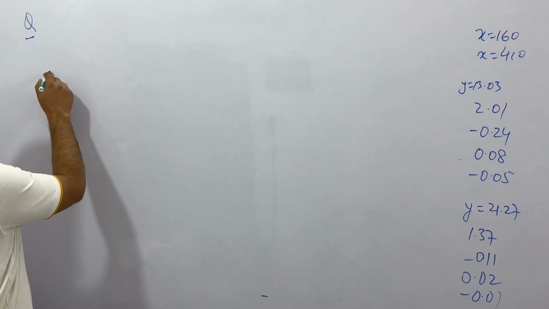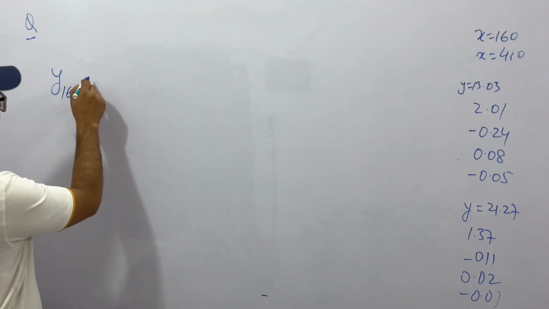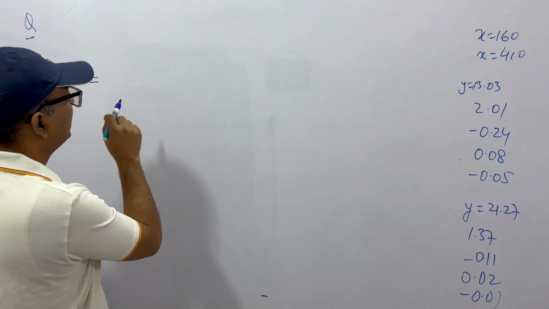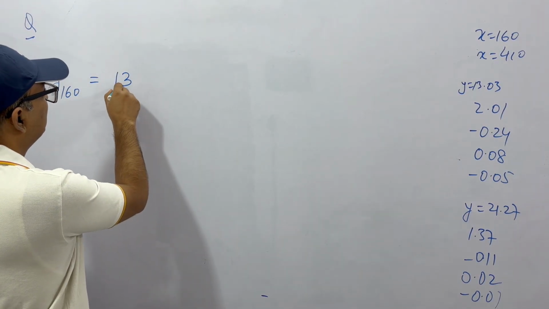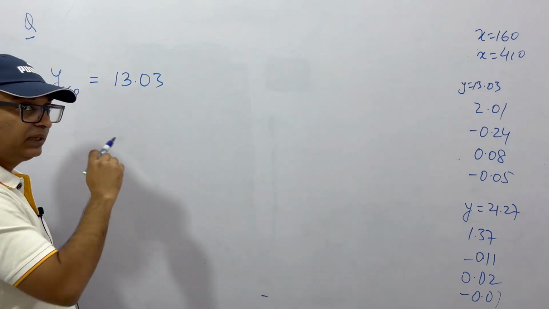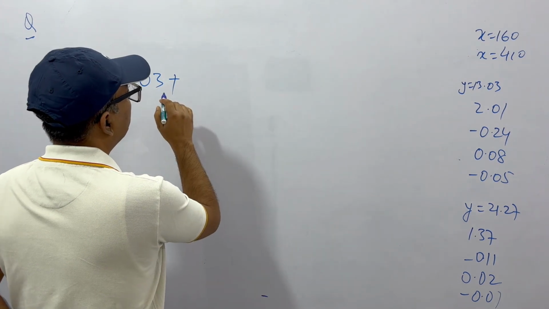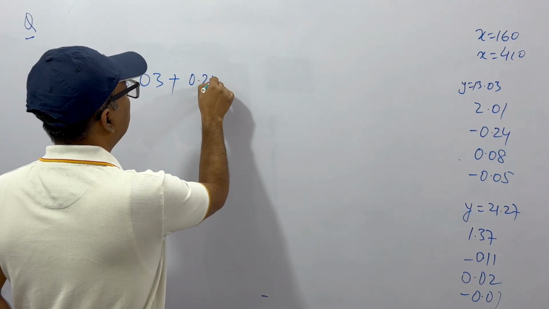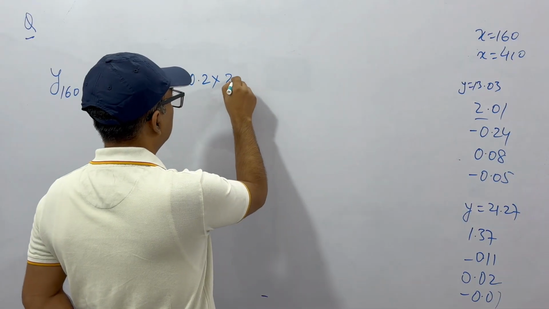The formula is y160, that is for x equal to 160. This will be equal to the value of y for x equal to 150, just above that. It was 13.03, you can see the table. The second term is p into the first difference. p is 0.2 into the first difference, which is 2.01.